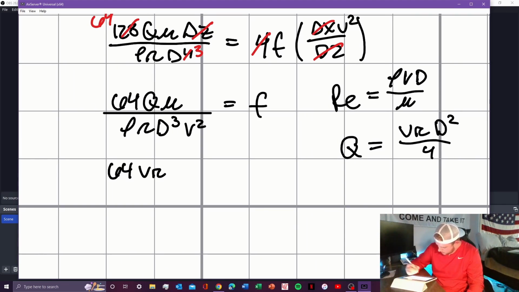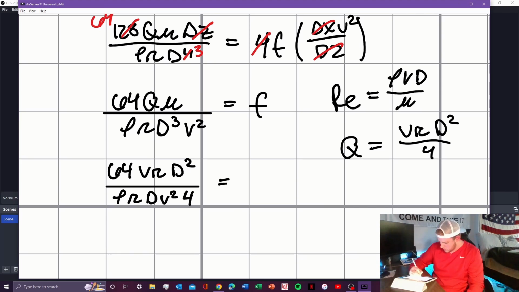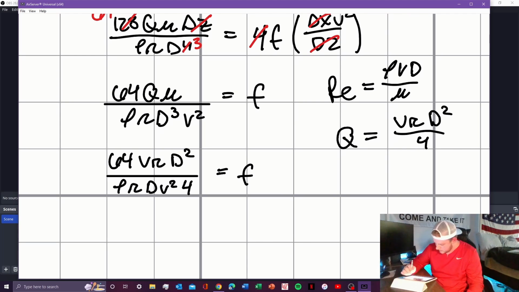V pi d squared over rho pi d V squared, and we cancel and simplify this. We just have 1. This is 1.